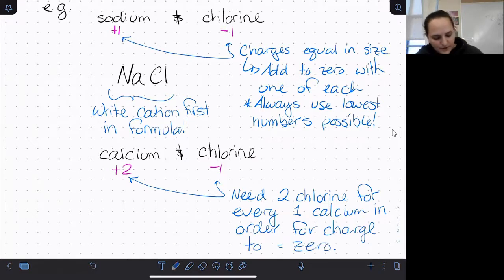So the way we show that in the formula is using a subscript. So our cation calcium comes first, our anion chlorine comes second, and to show that we have 2 ions of chlorine, we put a subscript of 2 after that element. So whatever comes after is always referring to the element immediately before it.